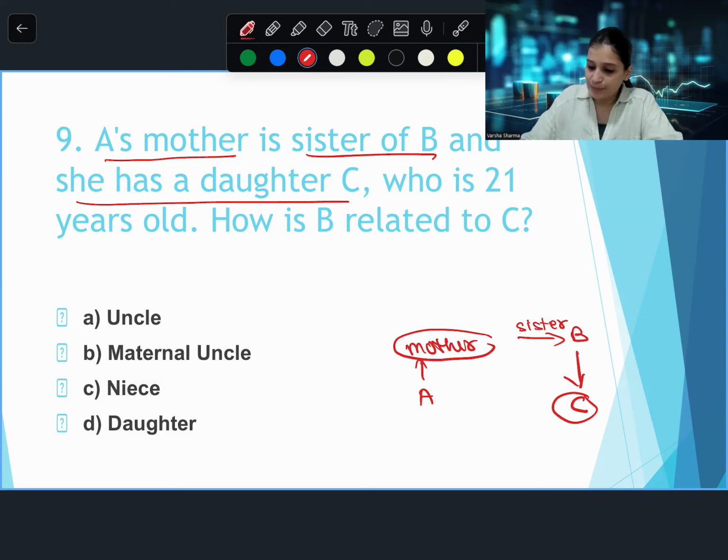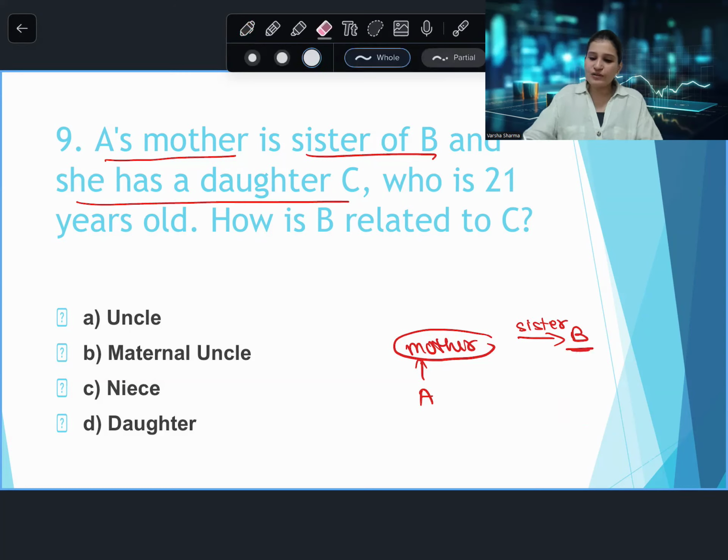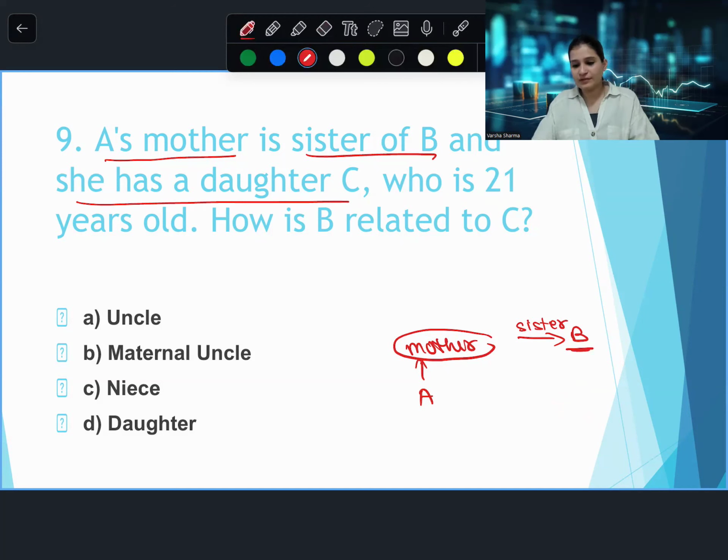How is B related to C? First of all, we don't even need the age of C. Doesn't matter whose daughter she is. The word "and" is always for the first person. If there would have been the word "whose", it represents the second person.